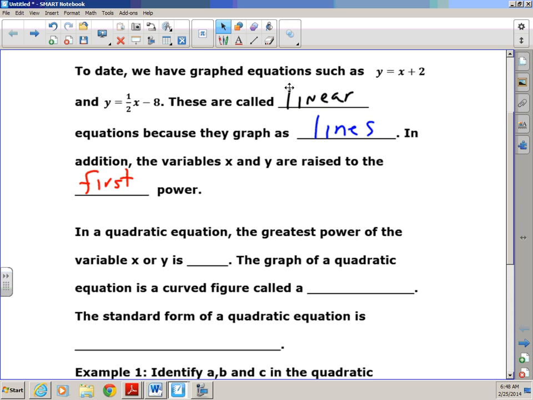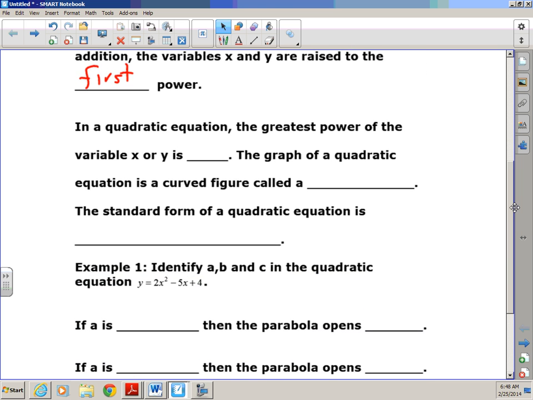In a quadratic equation, the greatest power of the variable x or y is 2. So now one of our variables will be squared. The graph of a quadratic equation is a curved figure called a parabola.